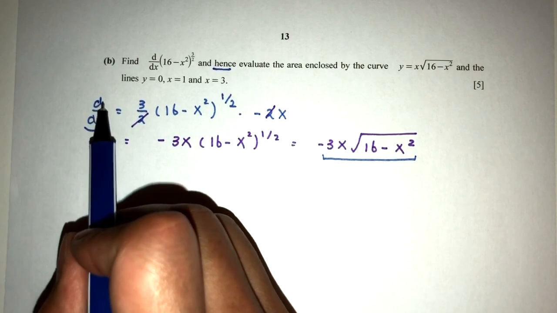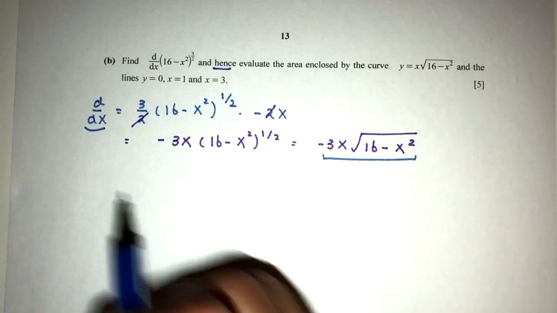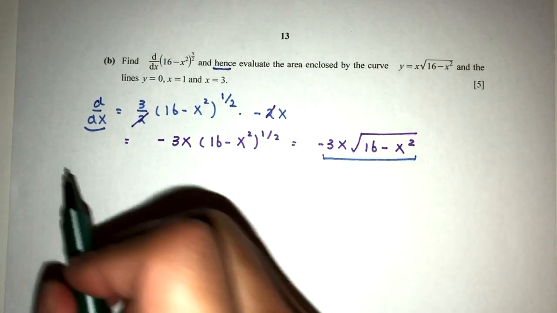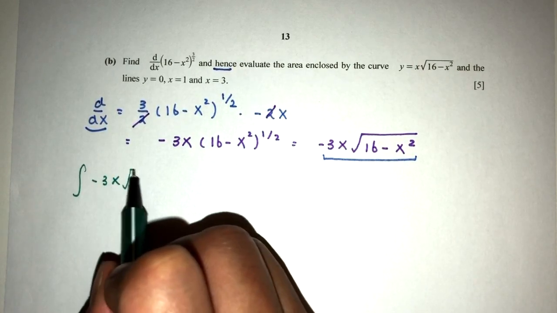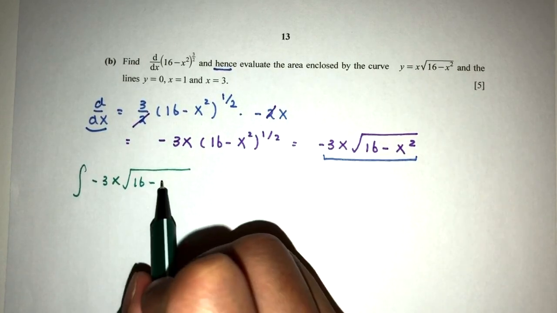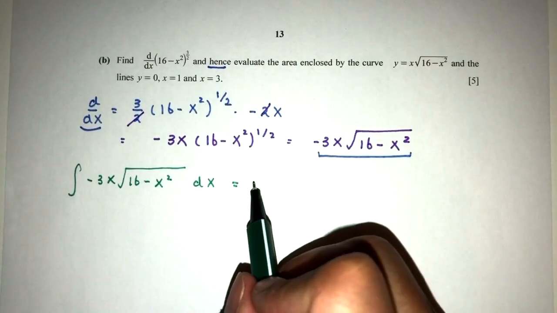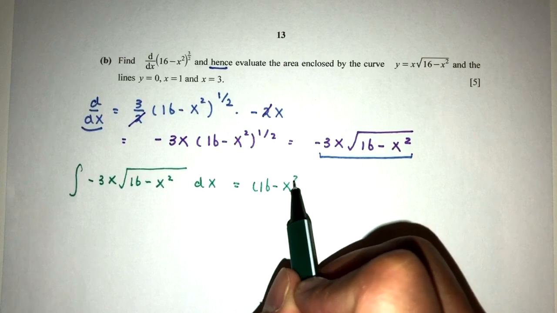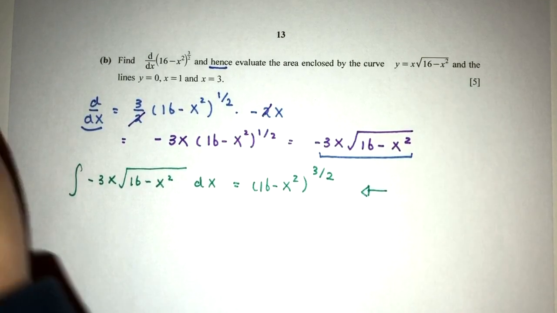When I apply differentiation to my expression here, I get this value. But the reverse process, if I apply integration to the value that we get here, it should give me my initial expression, which is 16 minus x squared to the power 3 over 2. So that's the main concept we're going to be using for this question.